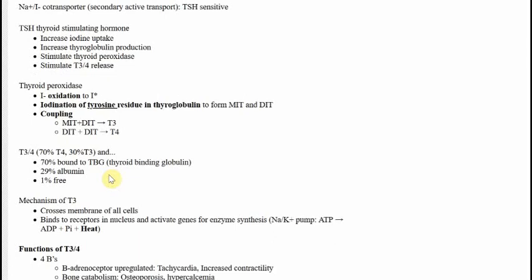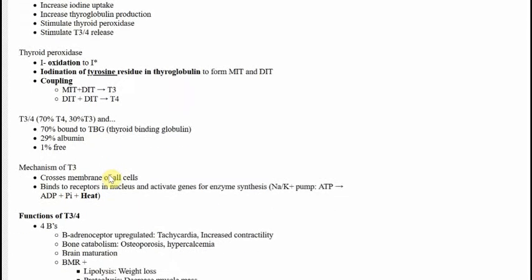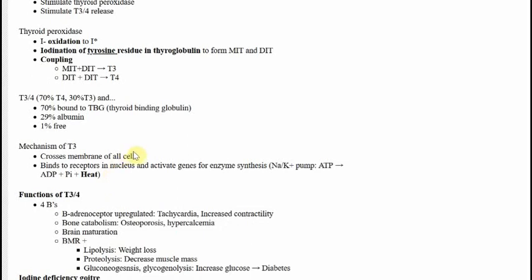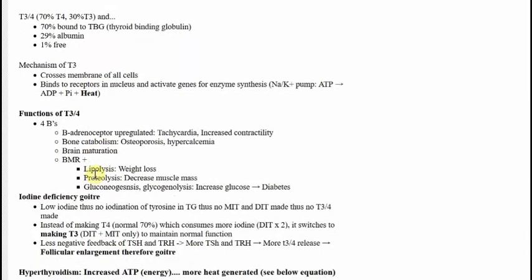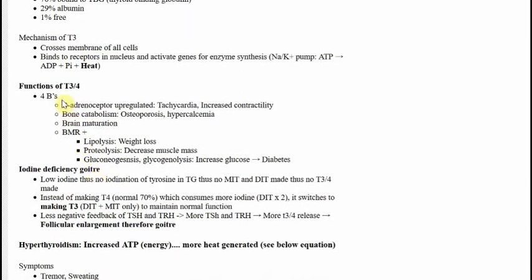So, how does the thyroid hormone work in our body? Well, it crosses the membrane of the cells and forms heat. And that's what makes our body active. So if you remember the 4 B's, it upregulates beta receptors to form the sympathetic response.